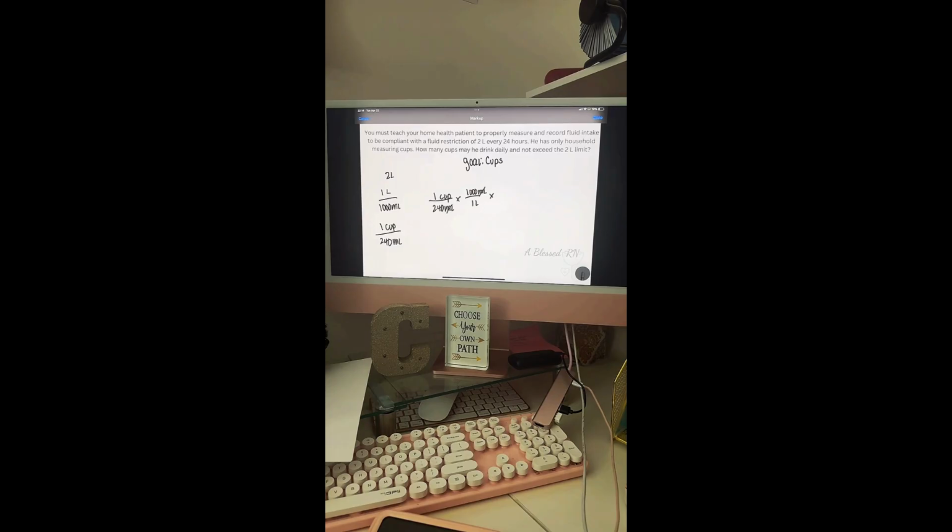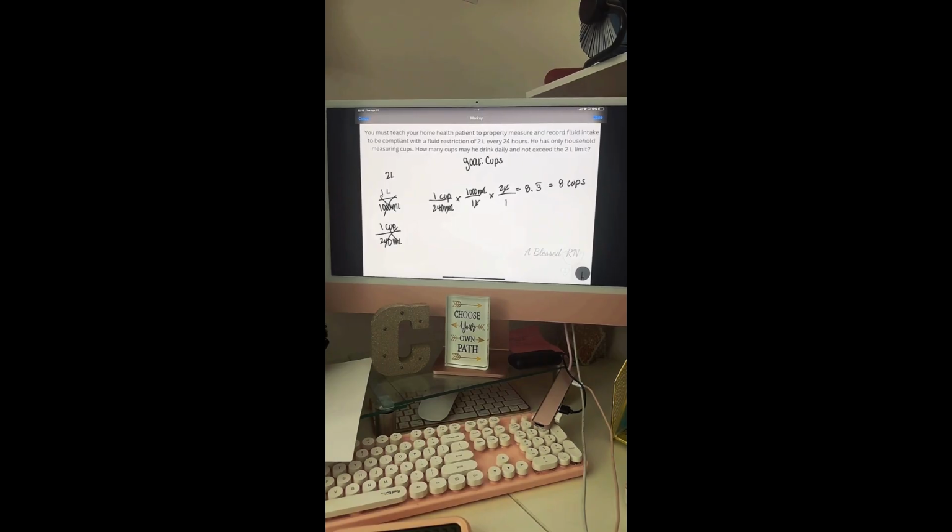And then our last puzzle piece is the only one that's left, your 2 liters, and it's by itself. So go over 1. Everything is canceled out now except for your cups. So 1,000 times 2 divided by 240. It's going to be like 8.333333. So we're just going to say 8 cups.